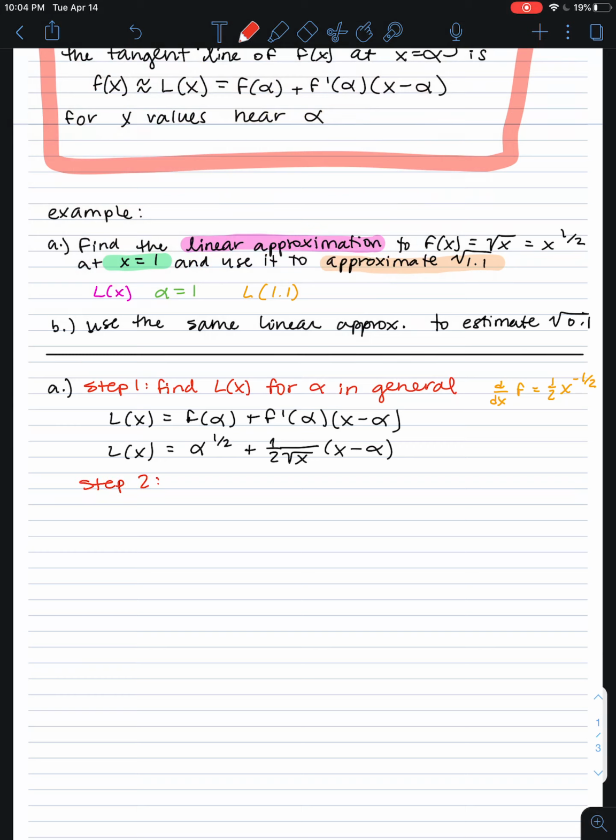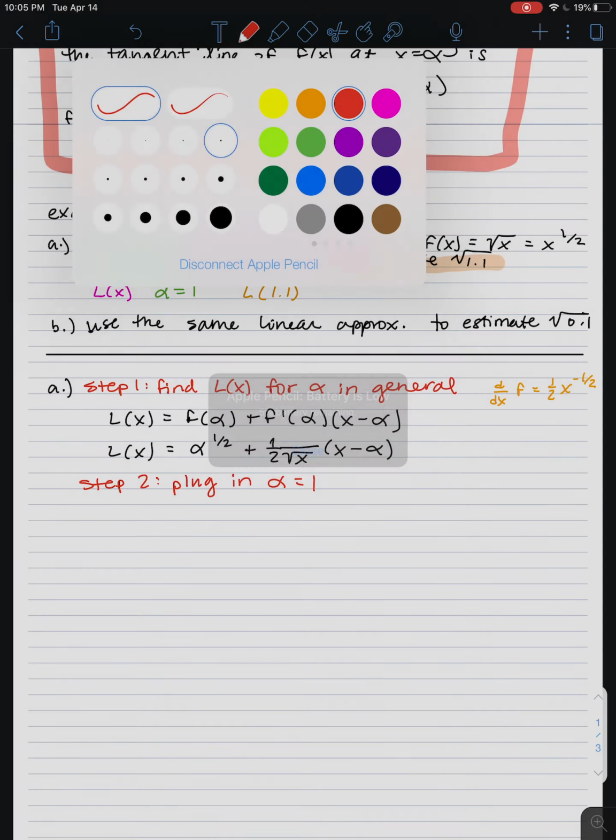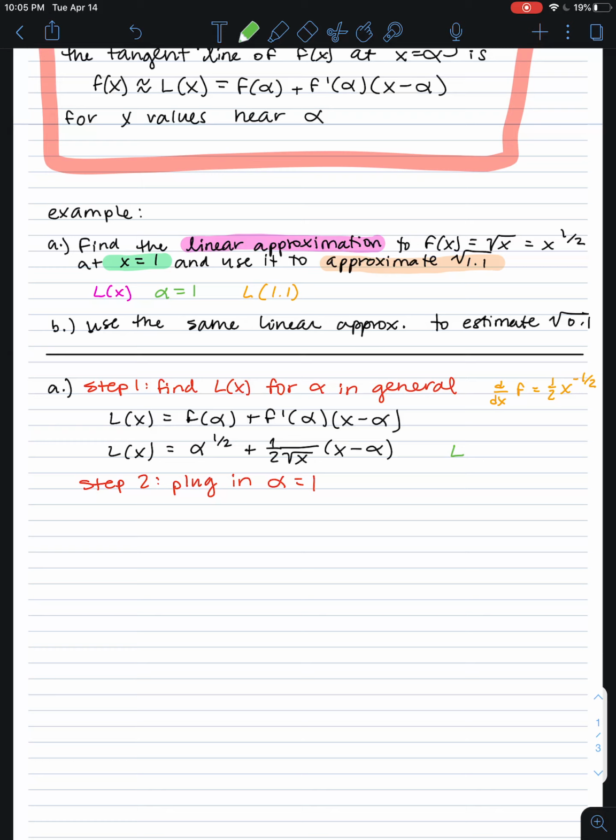Step 2 is going to be plug in alpha equals 1. So then I like to denote stuff as L sub alpha of x to keep track of the alphas. But it's just my own personal notation. It's not really everyone, I just think it helps to remember what your alpha is.